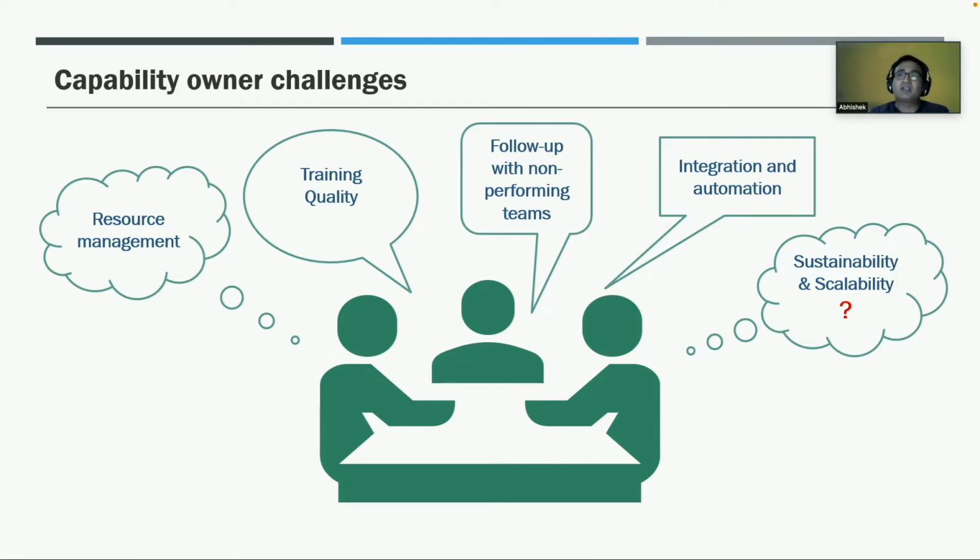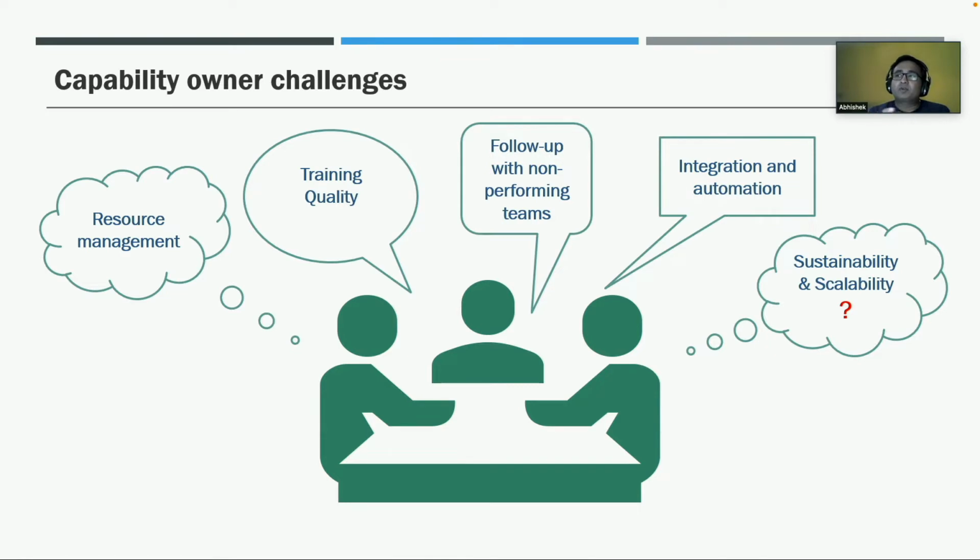So finding and maintaining these resources was quite impossible. Training quality: because the training was provided by human beings, and different people have different styles of delivering the training. Though we are sharing the same training material across the team trainers, the quality was a challenge.